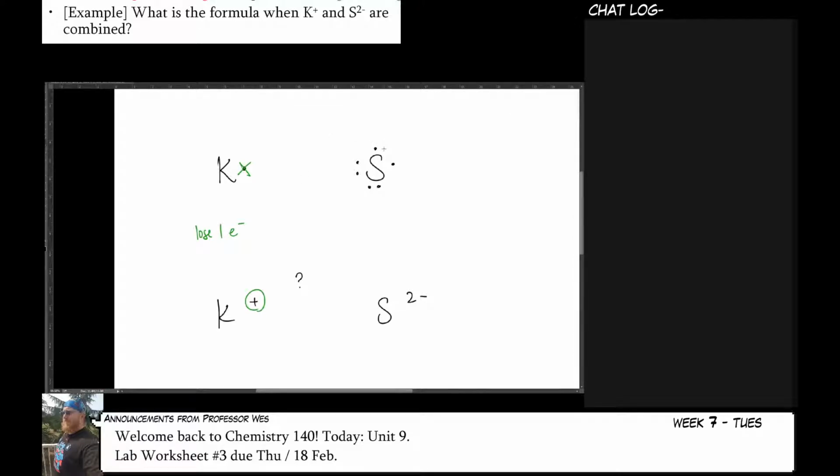In order to get to an octet, I have to give it 2 electrons. So it will gain 2 electrons. And so that's how it gets this charge right here. In order to have an octet, you need to have 2 more electrons than what you started with.